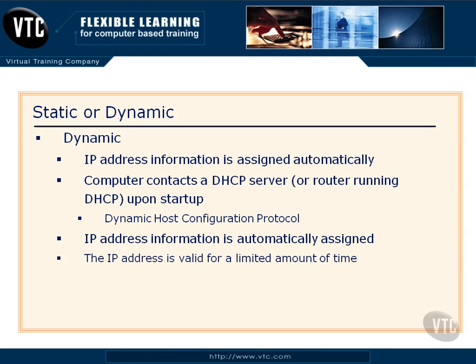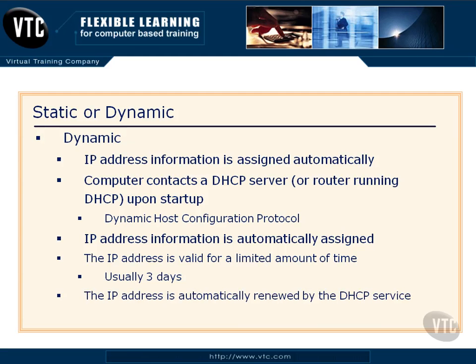Now, that IP address is valid for a limited amount of time, usually about 3 days, and the IP address is automatically renewed by the DHCP service. However, the new address may be different from the one it had. So that's the reason, if I'm going to depend on an IP address to communicate with somebody, and I always want the same address to be there, dynamic works for some devices, doesn't work too well for others.